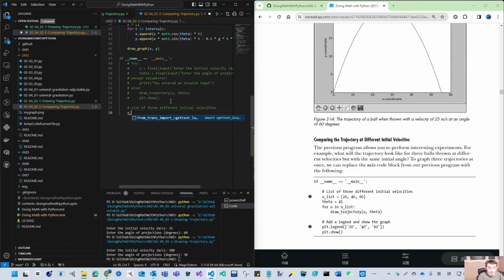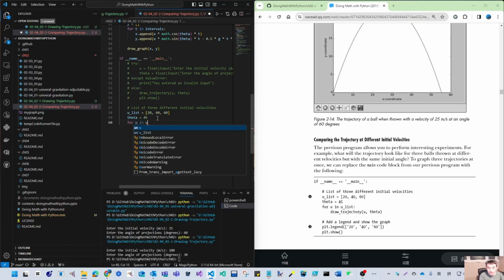So u as a list is now equal to 20, 40, 60, and define the theta, and for u in u list, we will call draw trajectory and give it u and theta. So it's very easy.